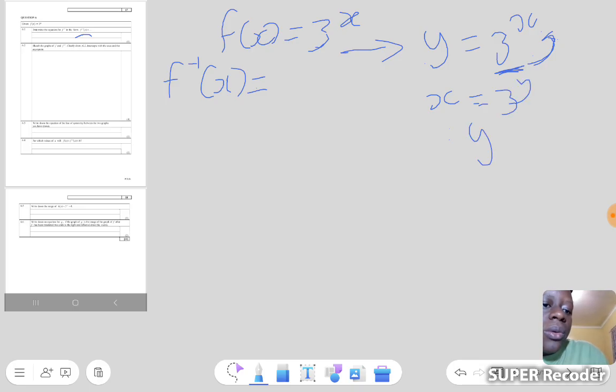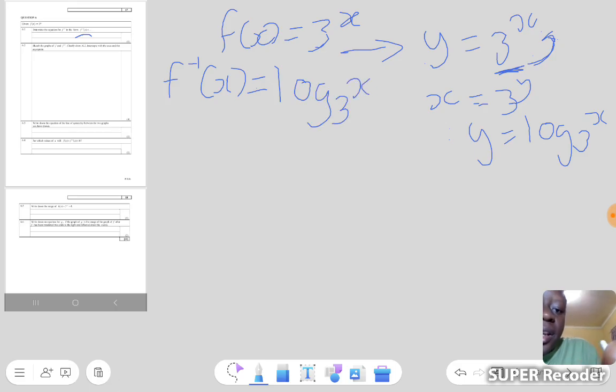Therefore, y is equal to log base 3 of x, like this. So therefore here will be log base 3 of x.